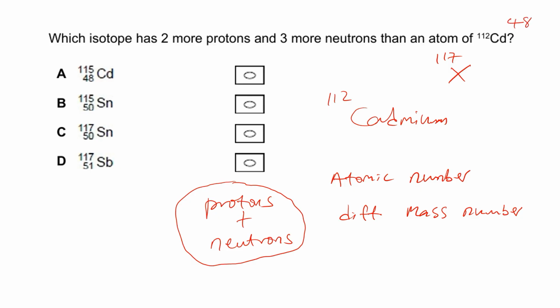So if you add 2 more protons to the 48, it becomes 50. So our new isotope is going to have 50 protons and 117 mass number. And what is that option here? Our answer is C, 50 with mass number of 117. All right.